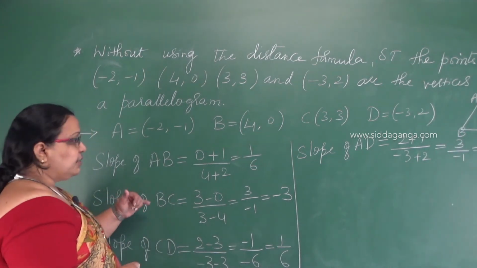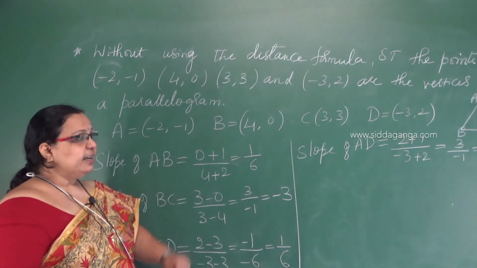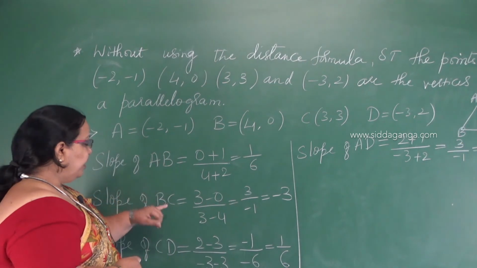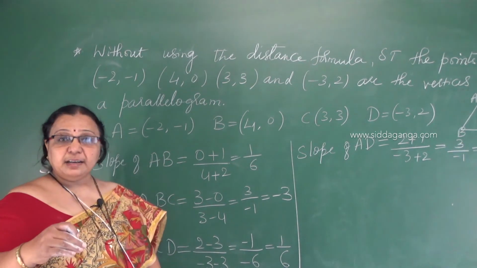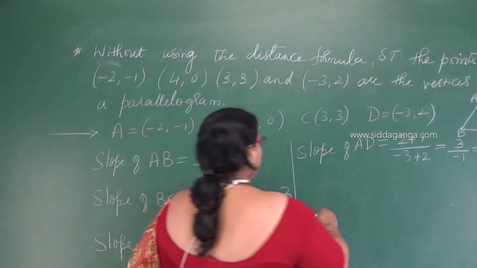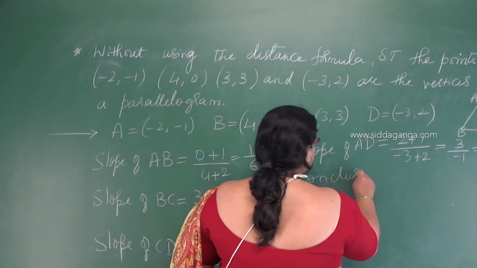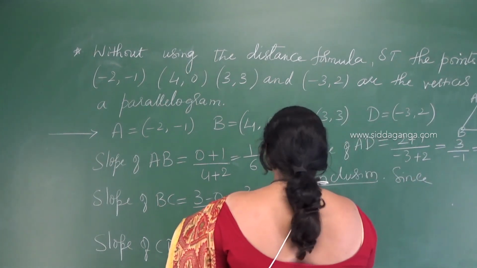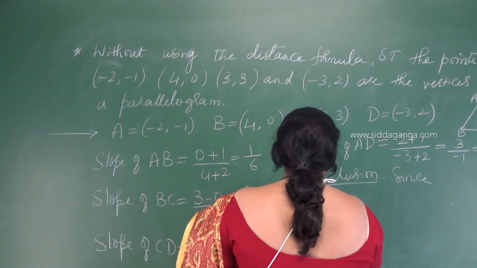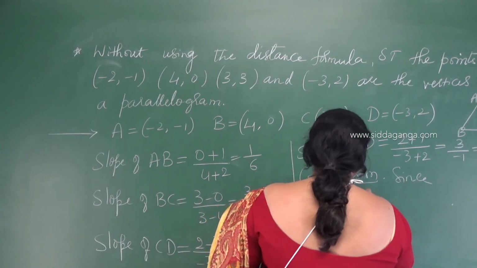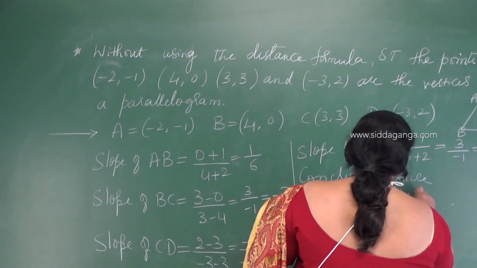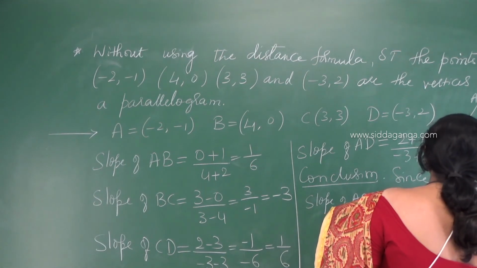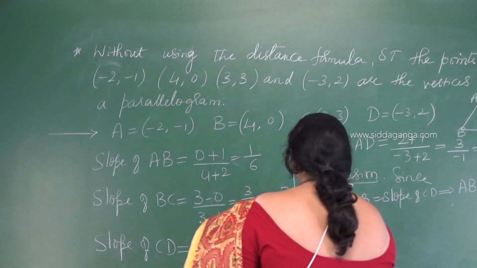So the side BC and the side AD are parallel to each other. So the side AB and the side CD are parallel to each other. Now you write the conclusion. Since slope of AB equals slope of CD, the side AB is parallel to the side CD.